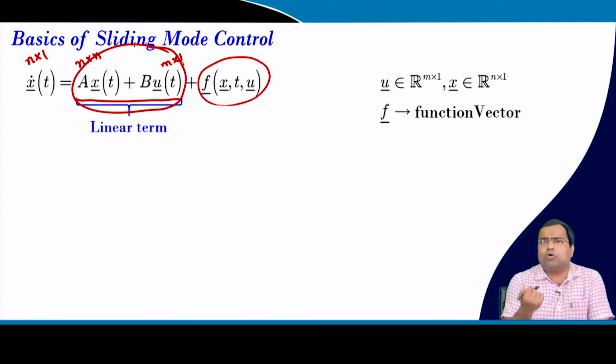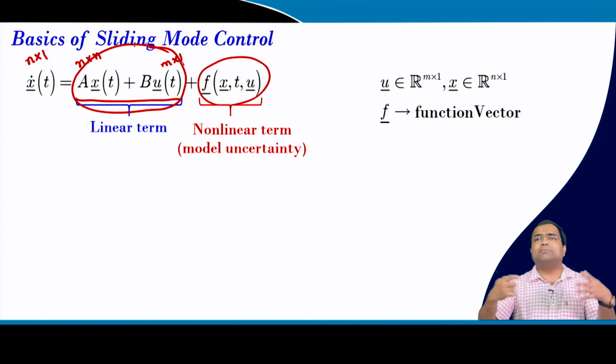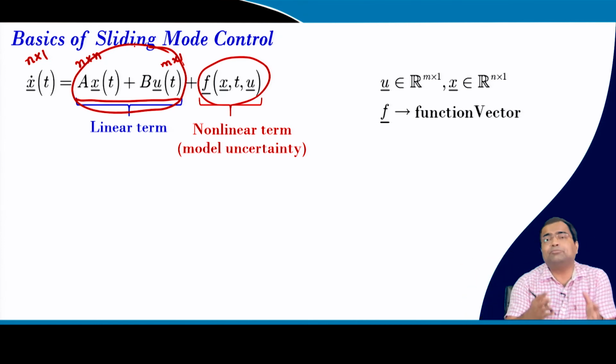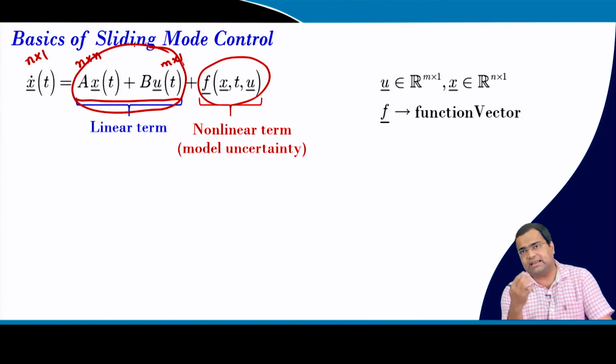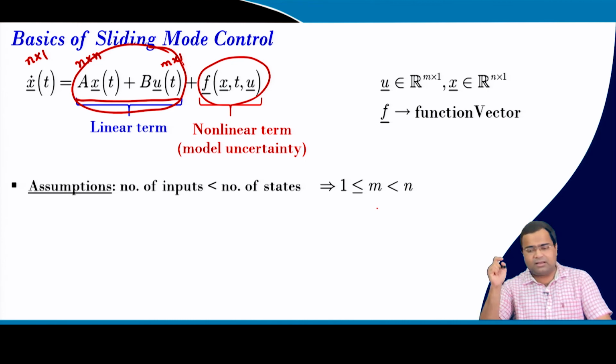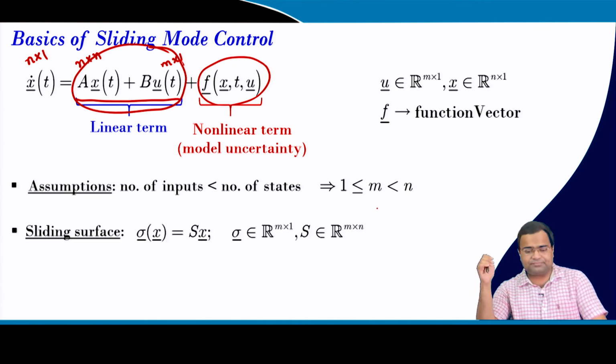But in more generic terms, you can also have nonlinearity in the state space model, and this nonlinearity can be inherent because the system is nonlinear, or sometimes we miss out some nonlinearity due to model uncertainty, so all these things can be incorporated and still this concept is applicable. Here we are assuming the number of inputs is less than the number of states. So, m is less than n, but m can be 1 or more.